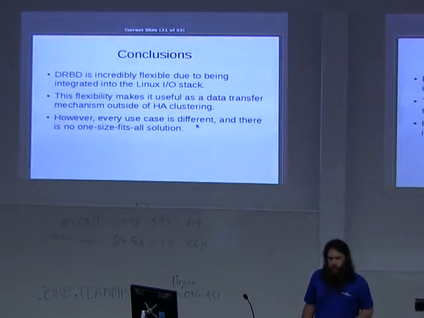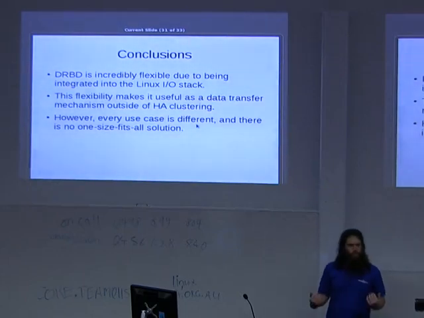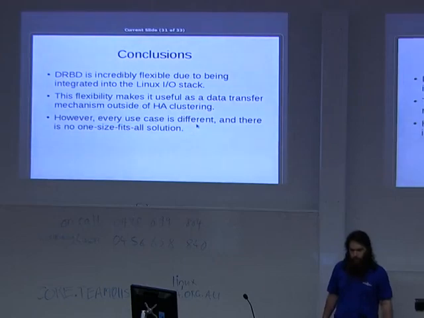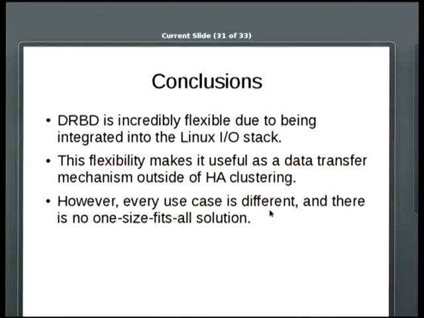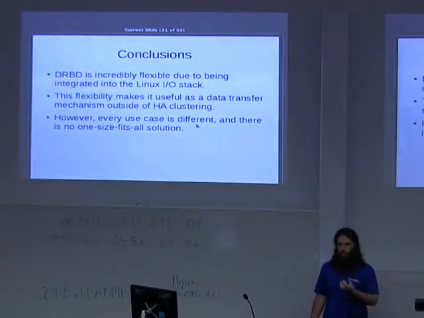And I just wanted to finish drawing some conclusions from our experiences with this. DRBD manages to be incredibly flexible due to the fact that it's designed to integrate into the Linux I/O stack. It's effectively a component like any other component like LVM or anything, and you can piece it together to do whatever you want. It makes it useful outside of HA clustering.